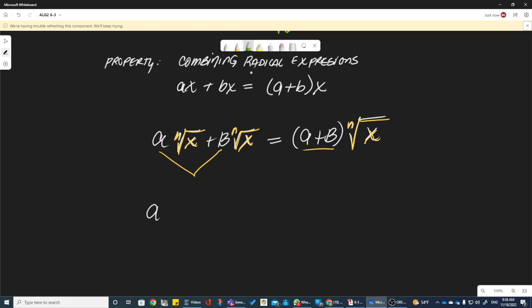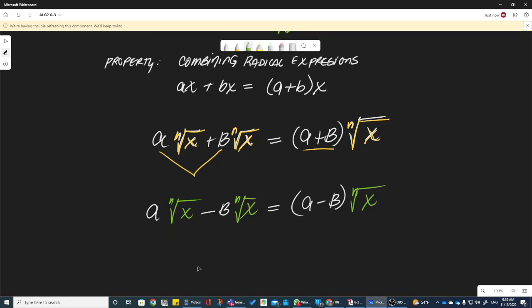A times this radical, plus b, and this radical, I'm sorry, minus b, right? That will be equal to a minus b times the same radical.